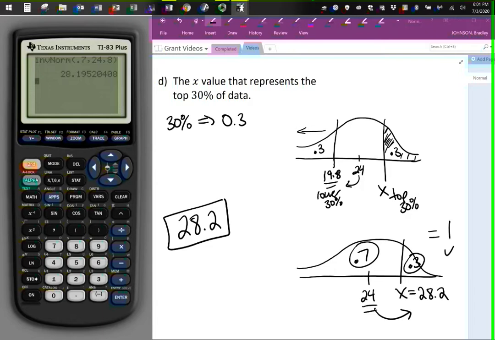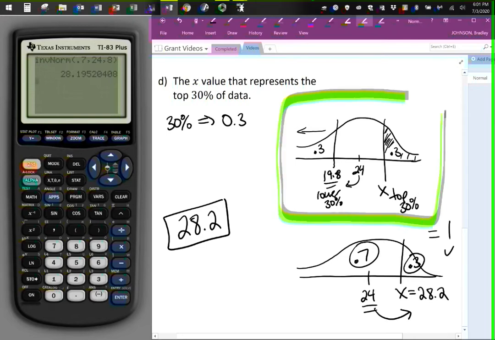Now, if you wanted to, you could use symmetry, by looking at this. This is just a bonus idea here. You could see everything is symmetric about the mean, right? Well, earlier on we found 19.8, and 24 minus 19.8 is about 4.2.